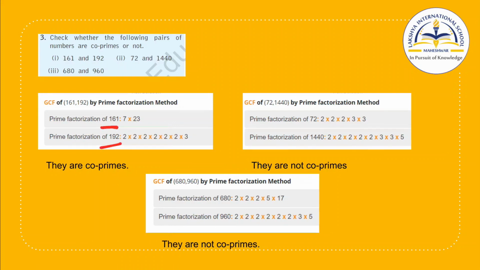When you solve this, you can see no factor is common, so they are co-prime because 1 is the only common factor among them. Now in the second question, 72 and 1440. The factors of 72 are these and the factors of 1440 are these. Here you can see 2 and 3 are common factors, so they are not co-primes.